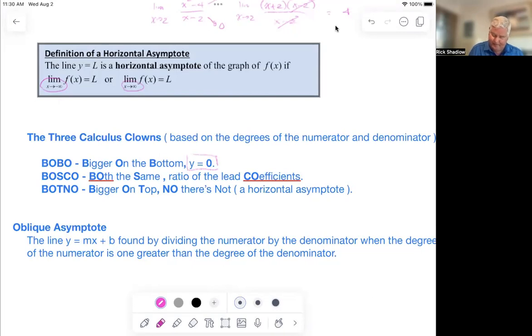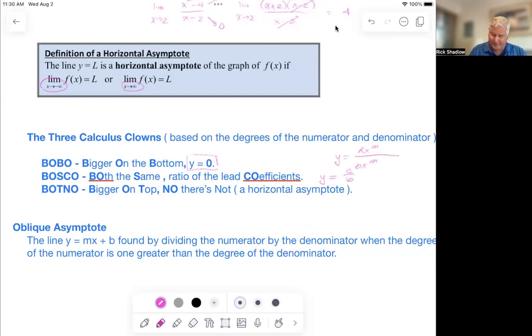So if you had y equals ax to the m, where that's the lead term, and bx to the m, the degrees being the same, both m, in numerator and denominator, then the horizontal asymptote in this case would be y equals the ratio of those lead coefficients, a over b. And then if the degree of the numerator is larger than the degree of the denominator, bigger on the top, no, there's not a horizontal asymptote.